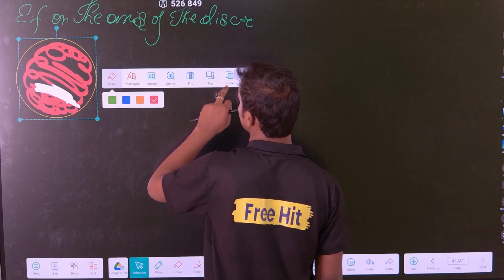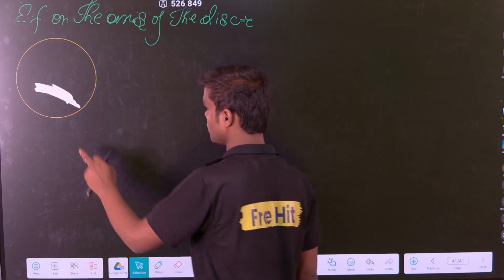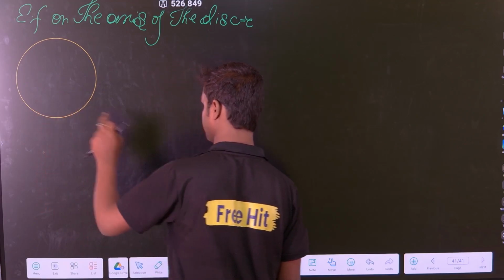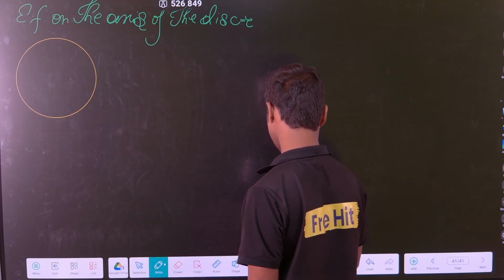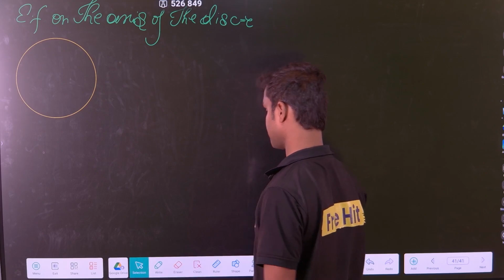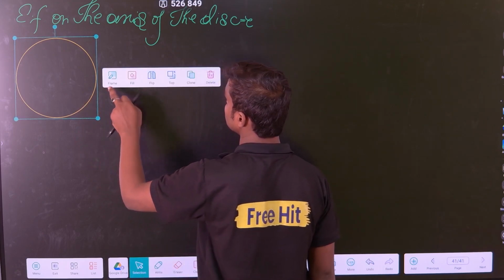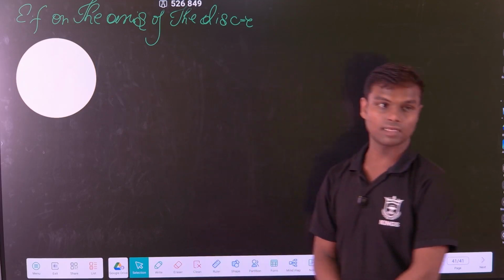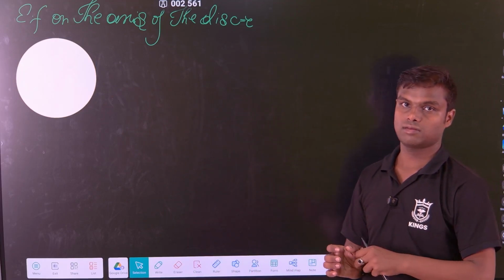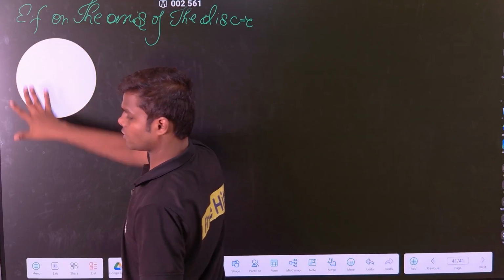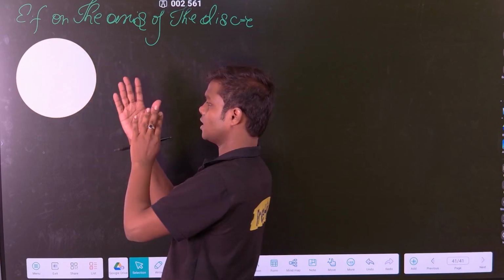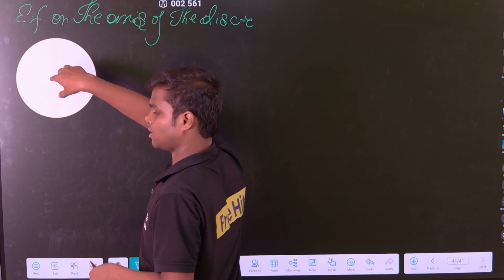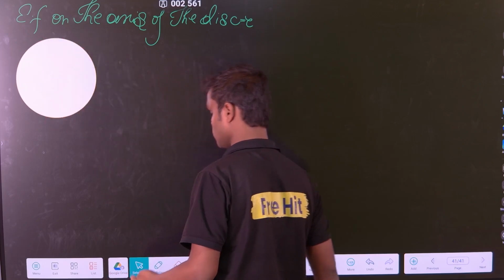Let me draw it properly for you. This is my disk basically. The surface is completely filled, it is not like you can put your hand inside it. It is a solid surface. So that is a disk.